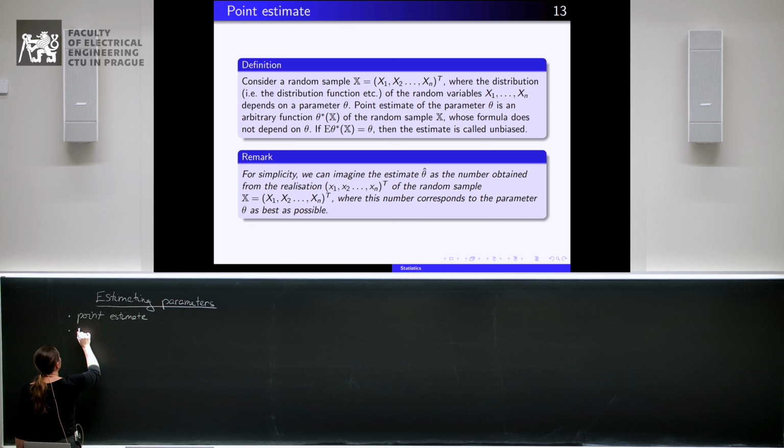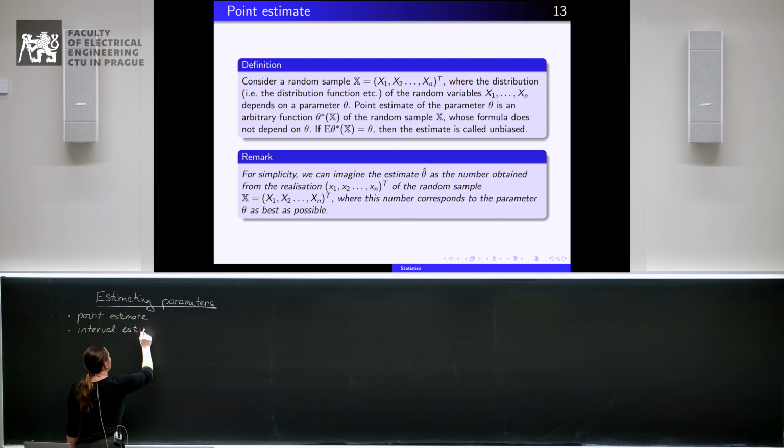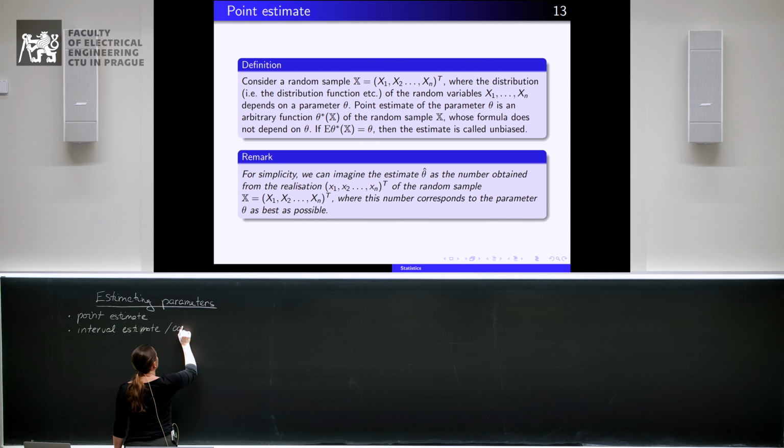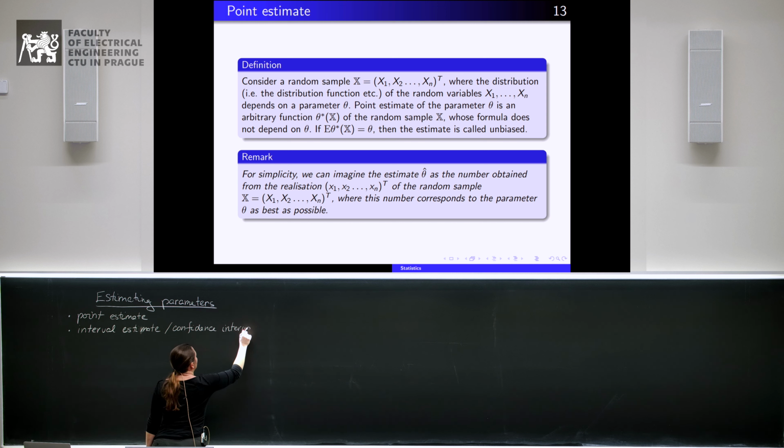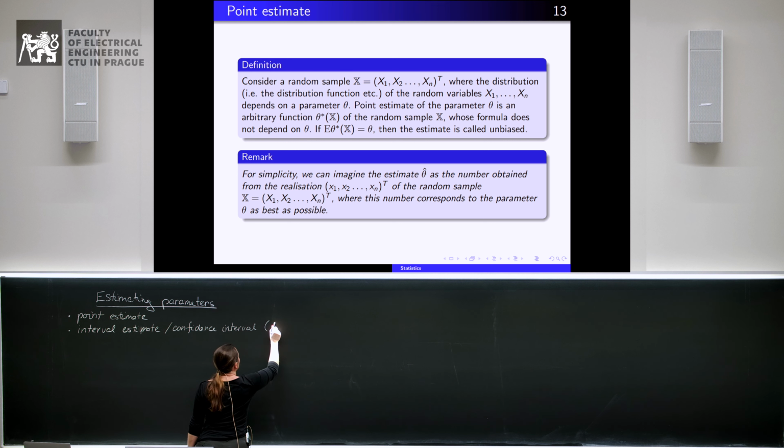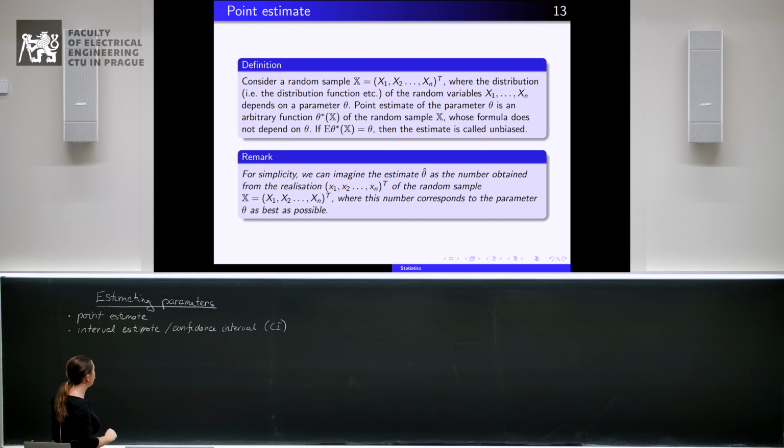And the second one is the interval estimate, or more often we call it confidence interval. I will write only CI. And what does it mean?